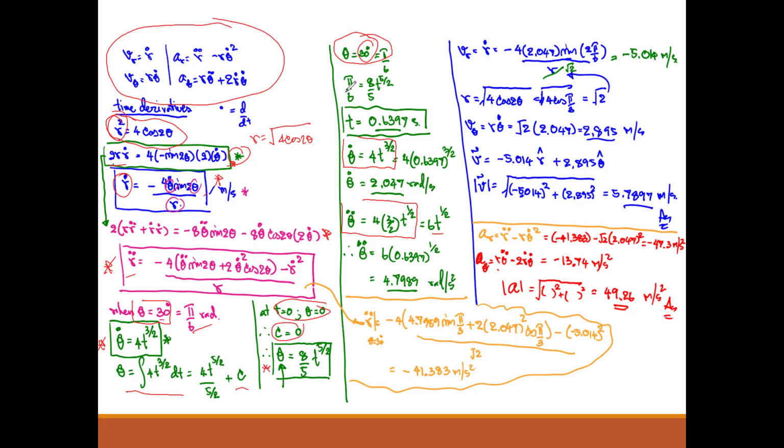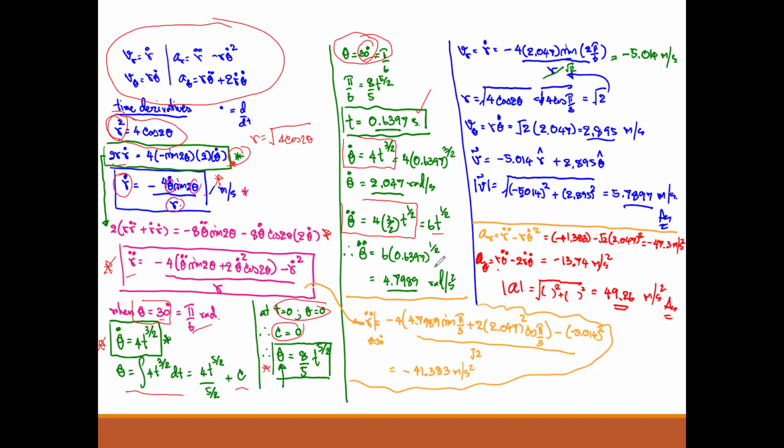We use degrees only in the case of trigonometric functions. For other cases where we solve for angle, we normally use radian. Do not use the angle in degrees in the formula. So for this case, we change 30 degrees to radian, and then we find the time for 30 degrees, which should be 0.6397 seconds.